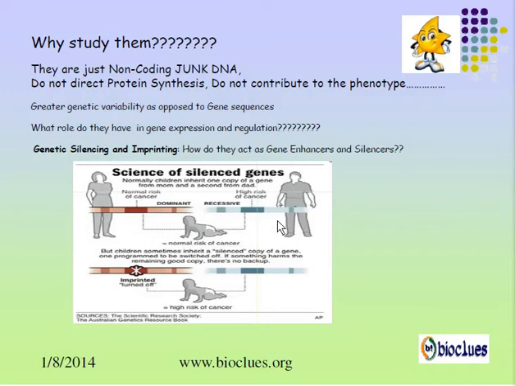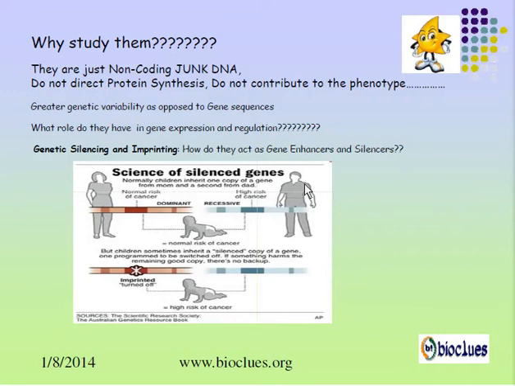In case one of the copies that he has inherited from the father is a mutated or diseased allele, and the normal allele that he has inherited from the mother is imprinted or turned off, there is every chance that the child would, for 100%, have a high risk of developing the disorder. So, this is called gene silencing and imprinting.